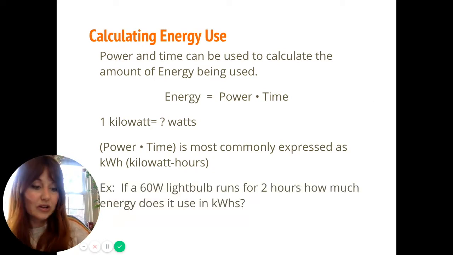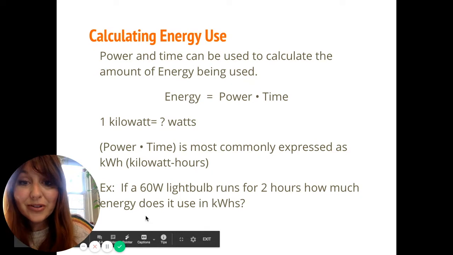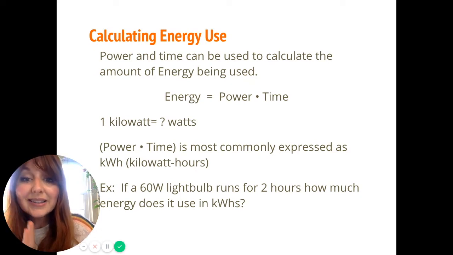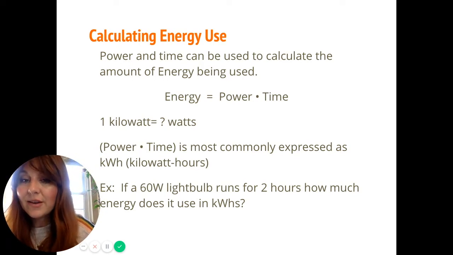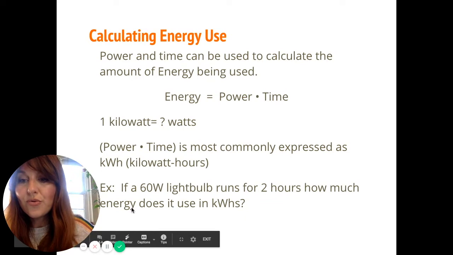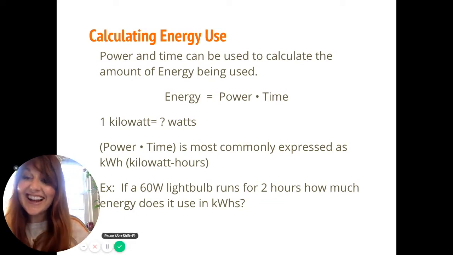Okay, so let's do this equation really quick. Pause here and we'll see if we can do this. All you're doing is multiplying kilowatts times 2. So let's convert 60 watts into kilowatts, and then multiply by 2. Pause here. Did you do it? I did it on my paper.